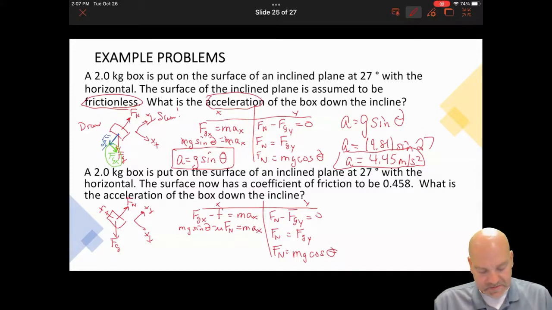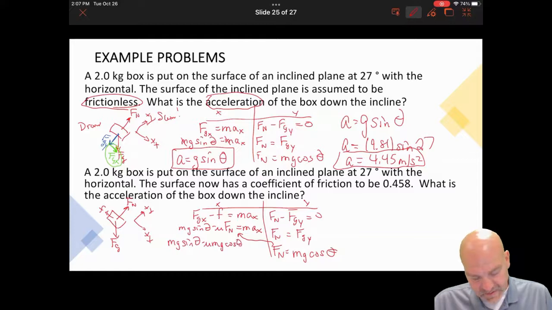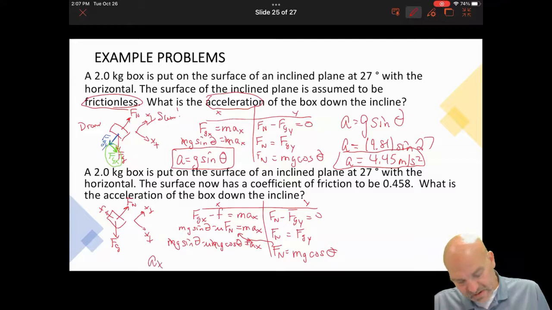And then we're going to substitute in. We have an Fn, which came from our y direction. So we get mg sine theta minus mu mg cosine theta equals m times ax. The m's cancel because it's the same object. And so we get an acceleration of g sine theta minus mu g cosine theta.